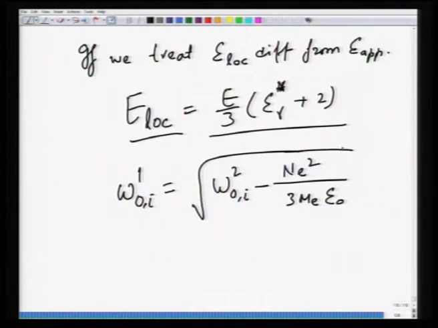For the electronic level, it becomes omega naught E square minus n E square divided by 3 m e epsilon naught. So, you only have a shift in the frequency rather than any massive change. Typically the frequency goes to the lower side, because the field has become higher.